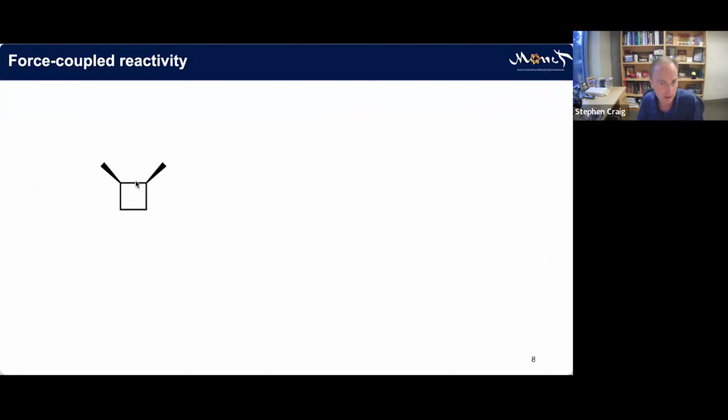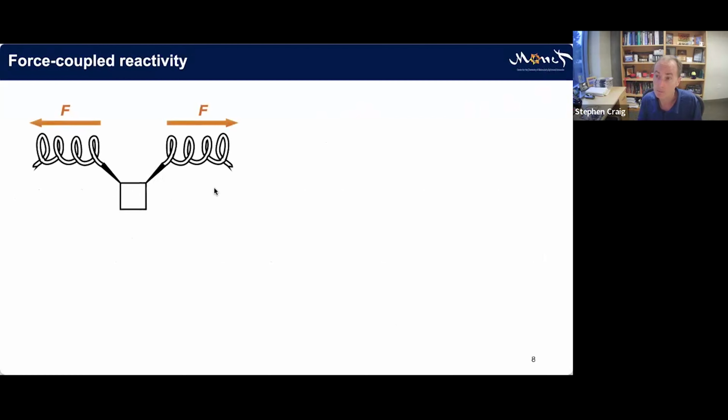And the way that I like to think about this reactivity is that now I've taken this reactant and essentially coupled it to a spring under tension, where the spring represents often overstretched polymers that are being stretched, for example, in a material.